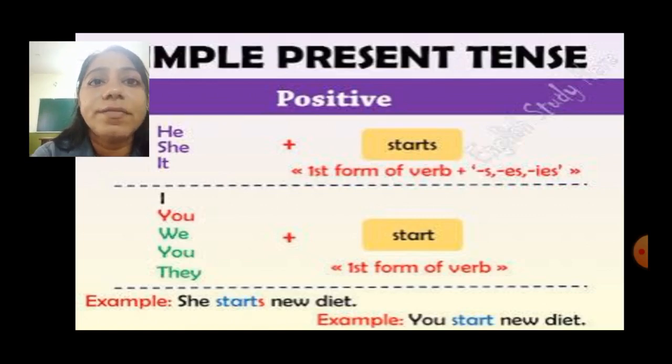I is singular but we treat it as plural, so we will use the plural verb with it, like you, we, they, etc. So with I, you, we, they, we will just put the base form of the verb, that is start. For example, she starts a new diet. And if we take another example of plural, we can say that you start a new diet.